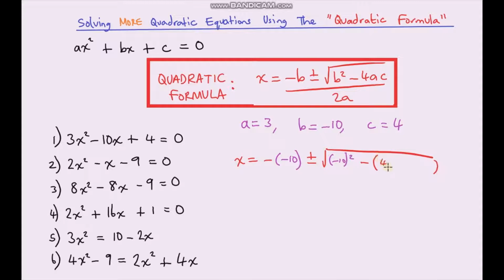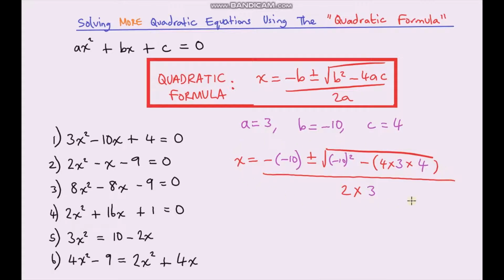So 4 times a, where a is 3, and then times c, and in this case c is 4. This is going to be our numerator, and then we're going to divide all of that by 2a, or 2 times 3.